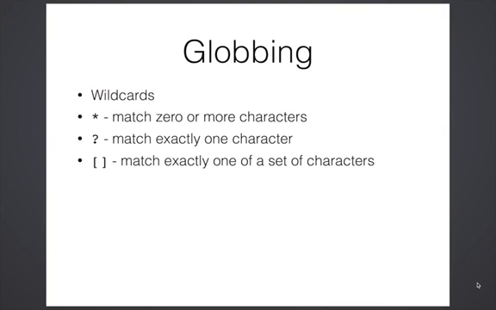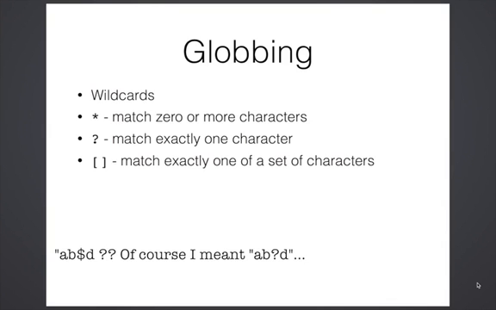The question mark matches exactly one character. So if you typed AB?D and you had files named ABCD or ABDD, ABED, that question mark would match any character in the middle of A, B, and D, but only a single character.